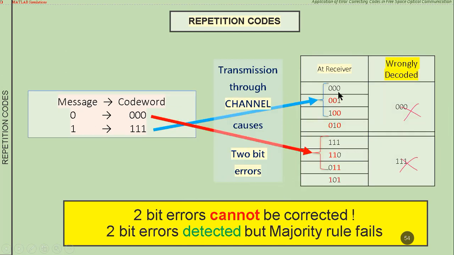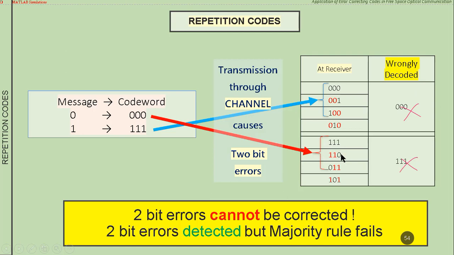2 bit errors, if they happen, cannot be corrected, but some error has been detected because code words are only 000 and 111. So if they corrupt in two places, they will end up in an invalid code sequence, and we know that there is an error, but we cannot know what bit was sent originally.